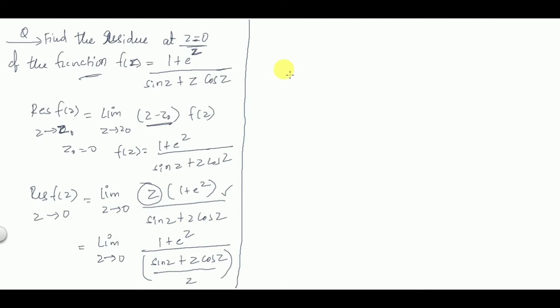So we get the limit as z tends to 0 of (1 + e^z) divided by (sin z divided by z plus z cos z divided by z, which is cos z). So z gets cancelled and you'll get only cos z here.